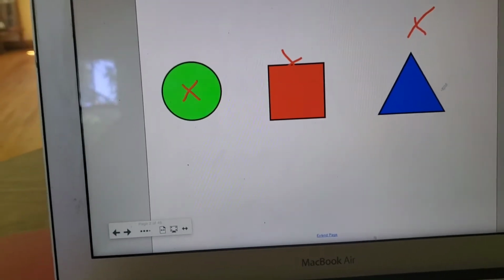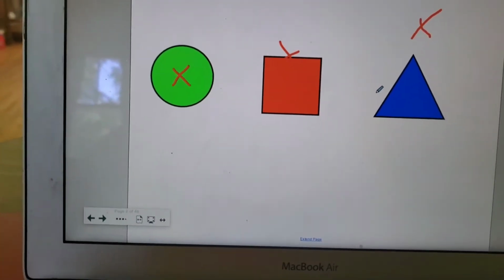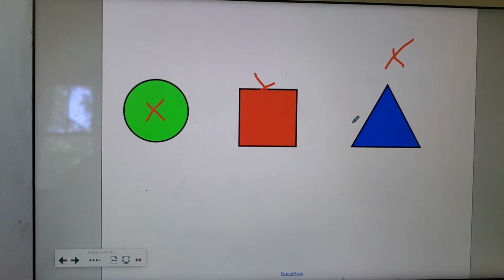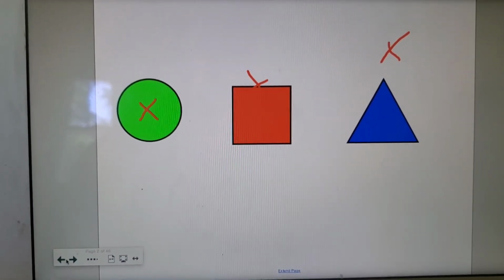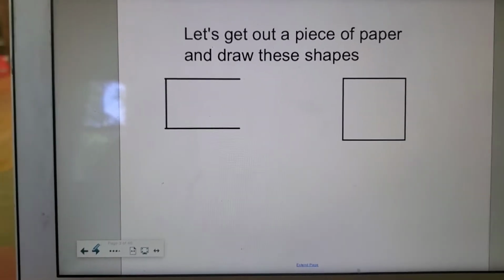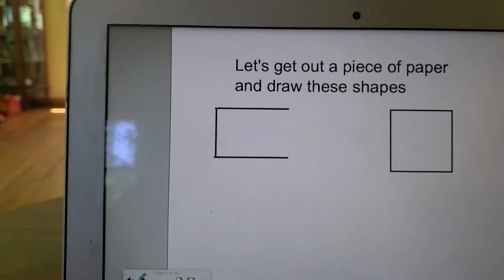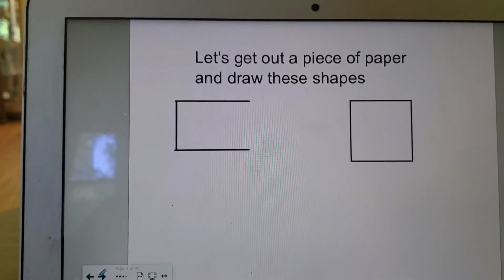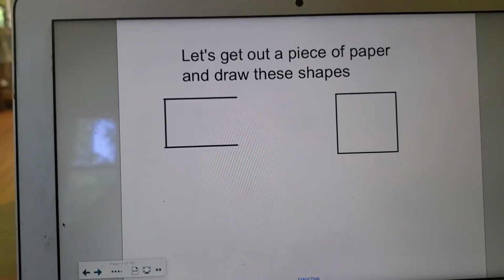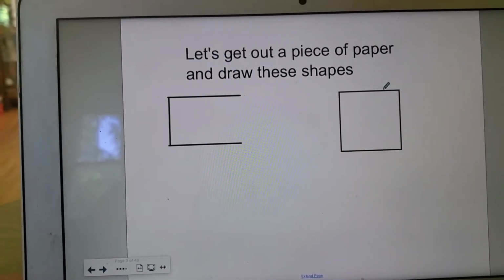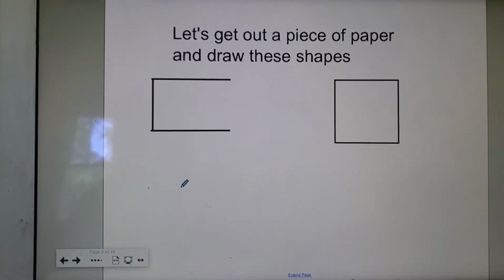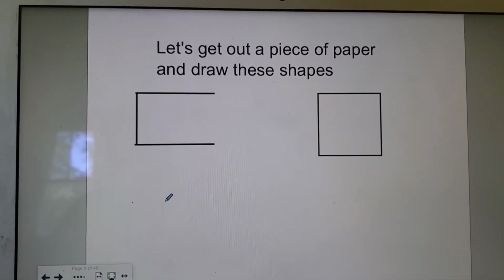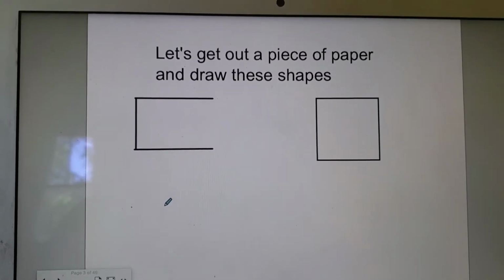It could be right here, it could be down here, it could be over here, as long as it's not touching this triangle. Great job, friends. So now I would like you to draw these shapes or these figures on your piece of paper. So pause the video and get those shapes on there. Draw them exactly like that.